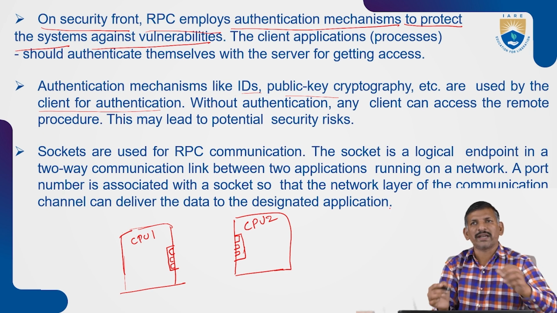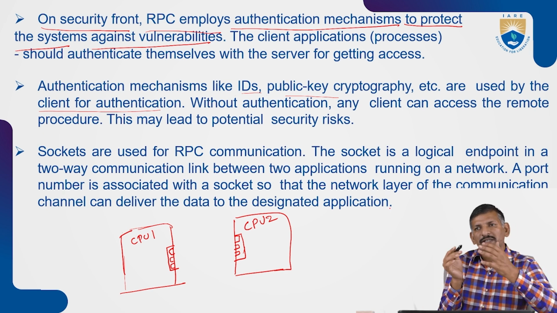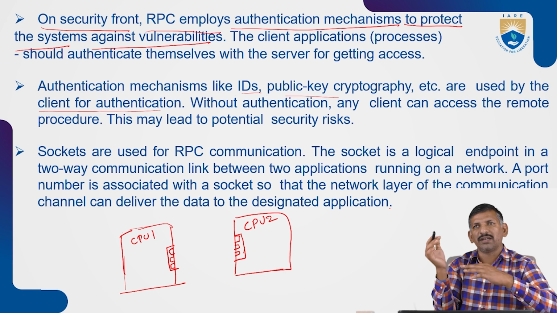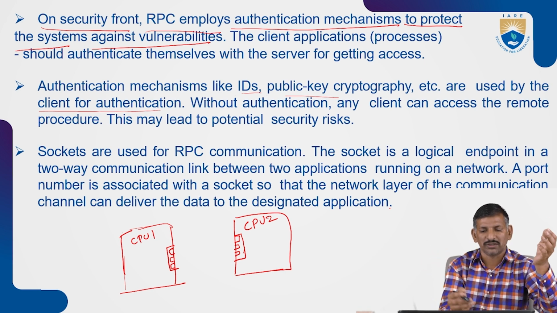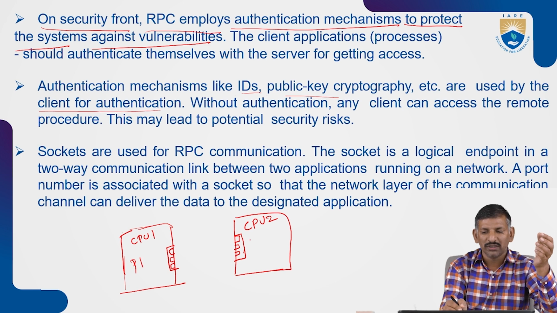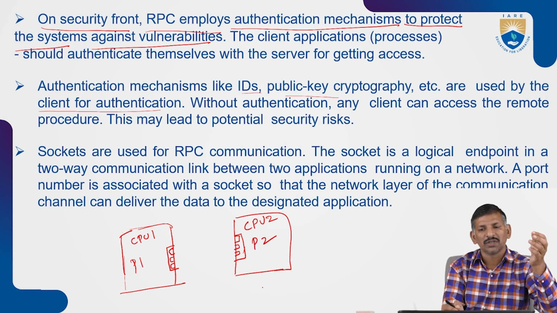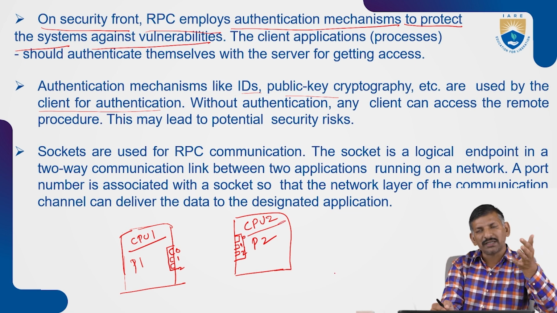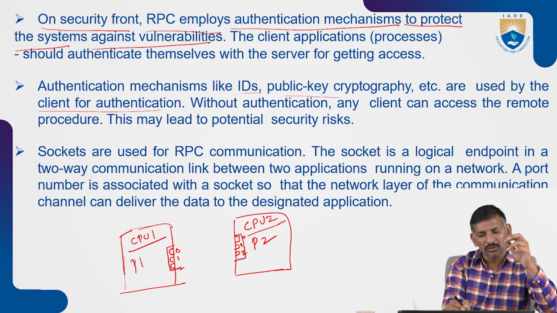If you want to access a particular server, each one has a particular name. The server name is either the Google server, or the client is whatever process 1. Suppose this is process 1 and this is process 2. Here we are giving ports 0, 1, 2 of CPU 1, and this is also ports 0, 1, 2 of CPU 2. Whenever it is interacting, it will send the server name, CPU 2 port 0.